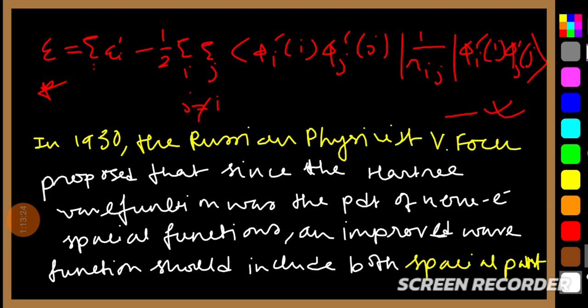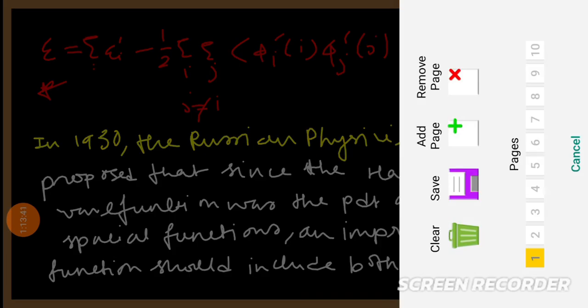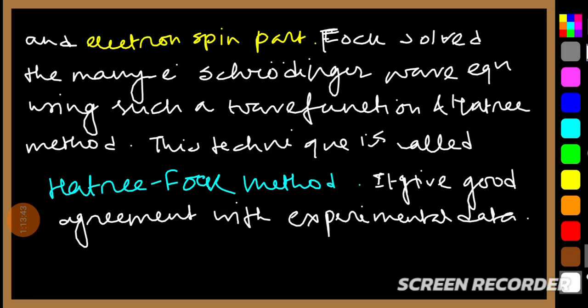So in 1930 the Russian physicist Fock proposed that since the Hartree wave function was the product of n electron spatial functions, an improved wave function should include both the spatial part and also the electron spin part.